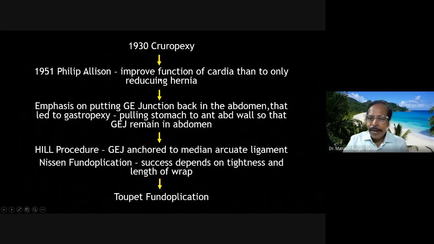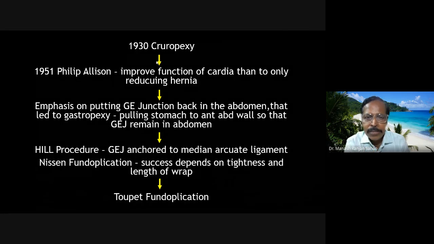It all started in 1930 when surgeons correlated hiatal hernia, that's protrusion of part of the stomach through the esophageal hiatus into the chest, with gastroesophageal reflux disorder. So they thought, why not just pull down the stomach into the abdomen and approximate both the crura, that's the cruropexy.